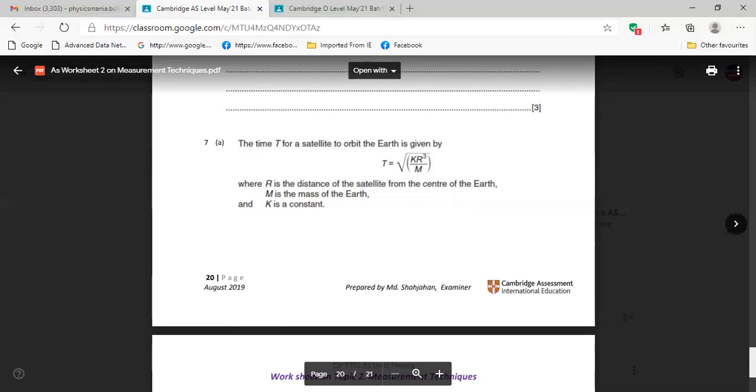Then what is the formula you wrote? K is equal to T square M by R cube. Yes, so k equals T square M by R cube, right?